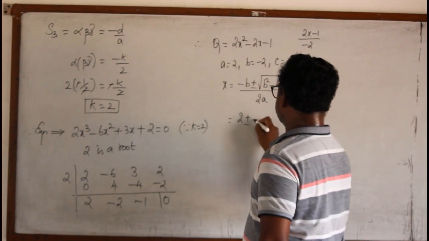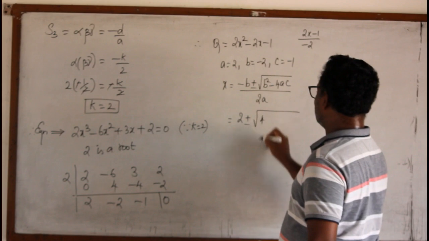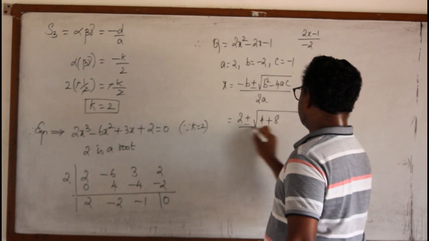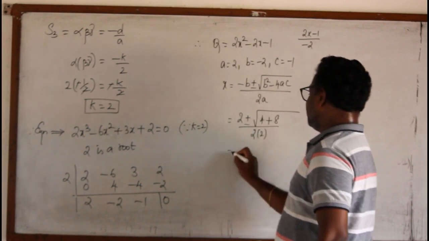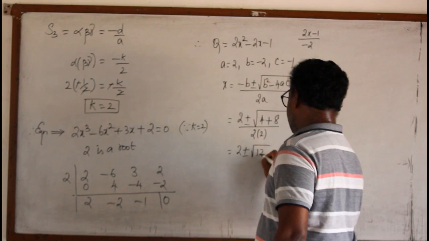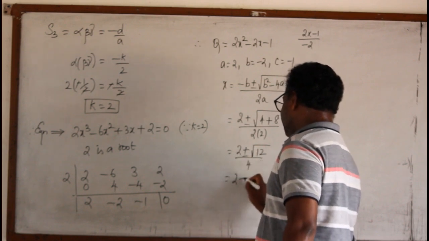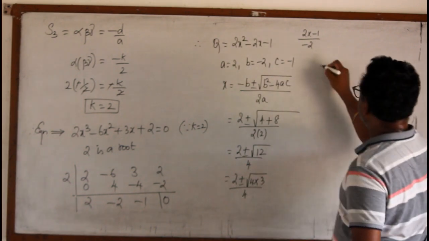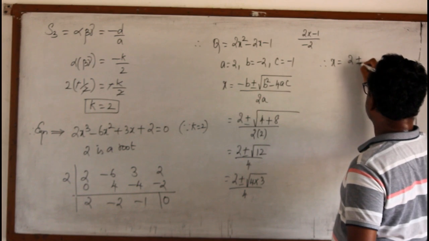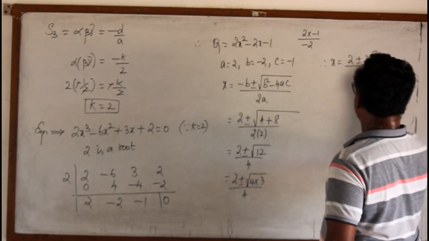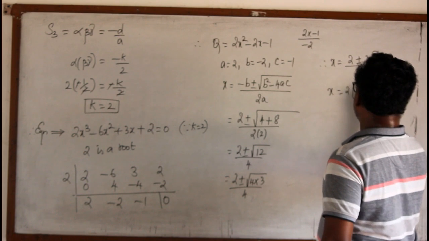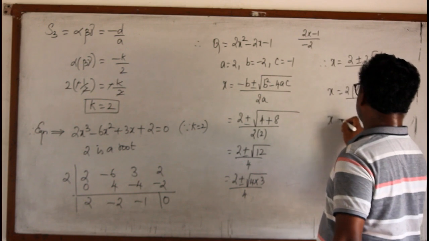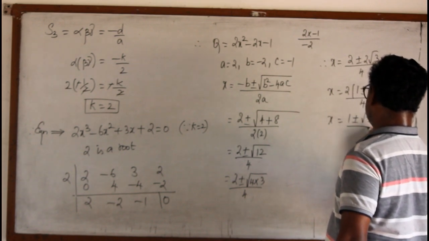Minus B is plus 2, plus or minus root of 4 minus 4 into 2, 8, 8 into minus 1 is plus 8, by 2 into 2. It is 2 plus or minus root 12 by 4. 12 can be written as 4 into 3. So x equal to 2 plus or minus 2 root 3 by 4. 2 is common, 1 plus or minus root 3 by 4. Therefore x equal to 1 plus or minus root 3 by 2.